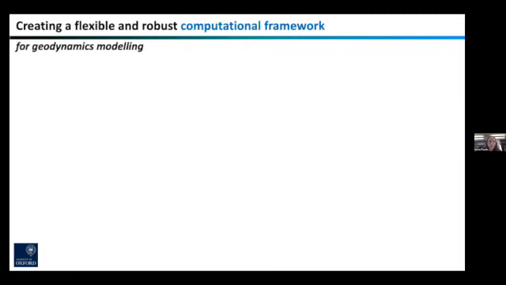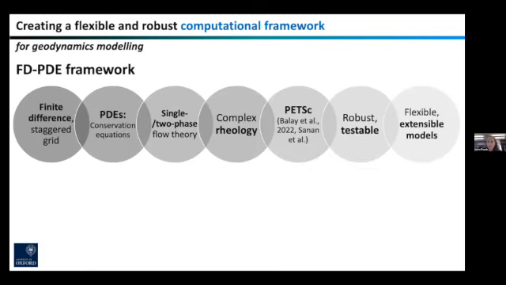So what came out of this, we created a flexible and robust computational framework intended for geodynamic modeling that we call the FD-PDE framework. The FD stands for finite differences, and it's solved on a staggered grid, and it's intended to solve partial differential equations, particularly conservation equations, for single and two-phase flow theory with complex rheology.